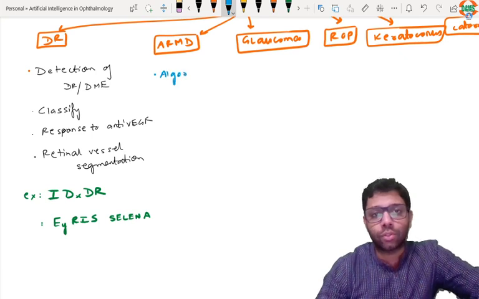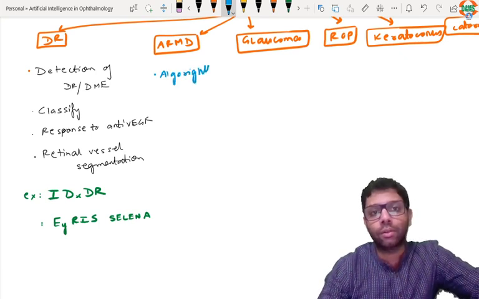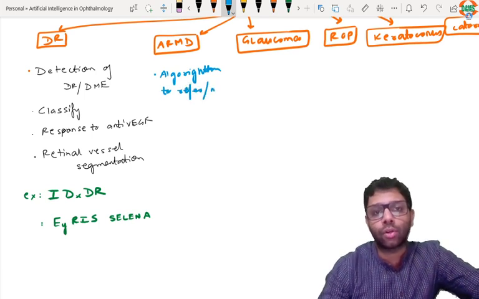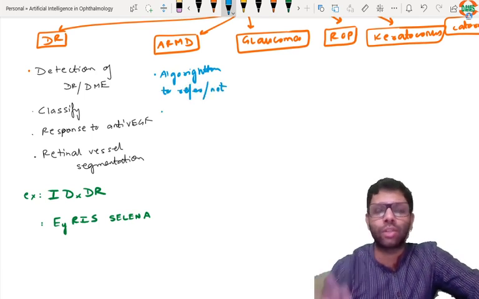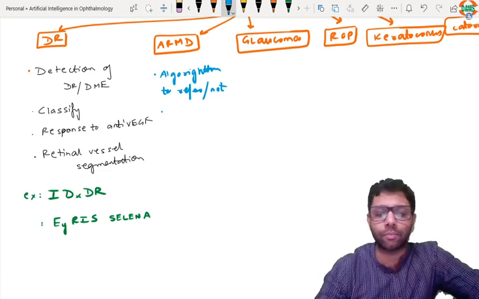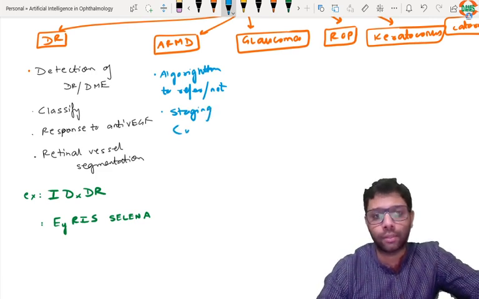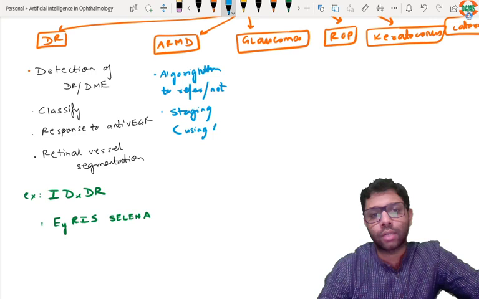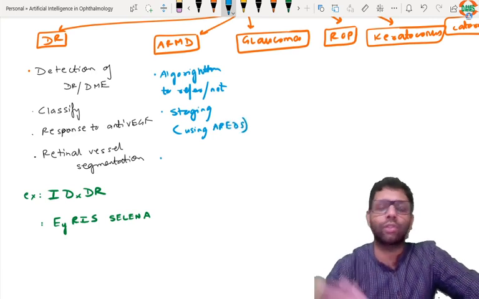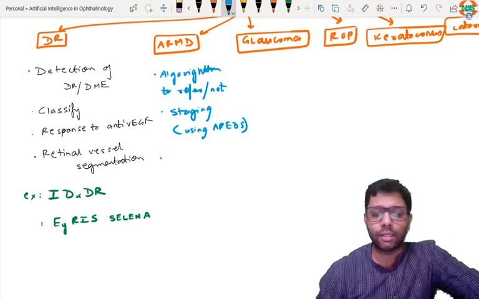So that is also beneficial, an algorithm to refer or not to refer, mostly not in India but in the Western population. Next, of course, staging. Now, staging is done according to AREDS. So that data has been provided to the machine, and staging is done according to the fundus photographs using AREDS.